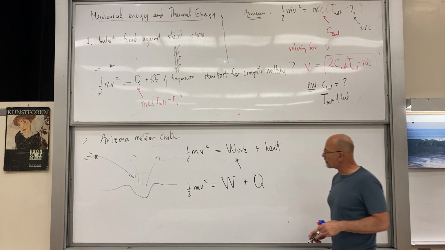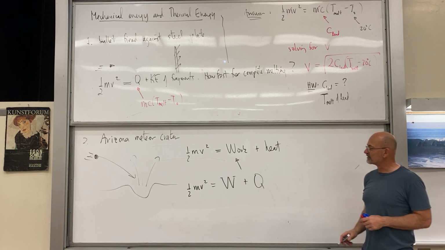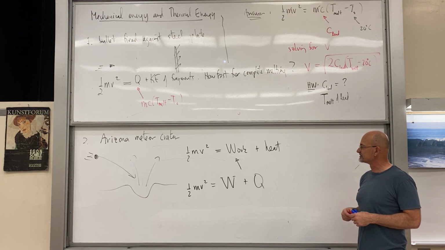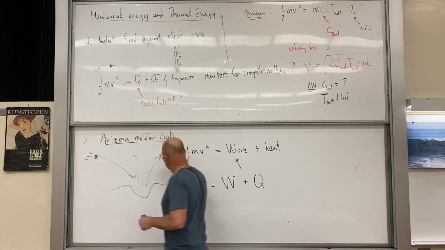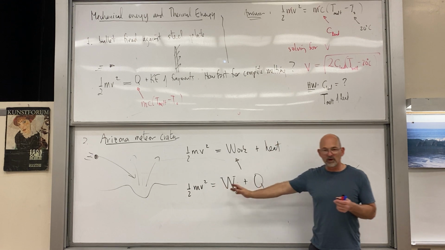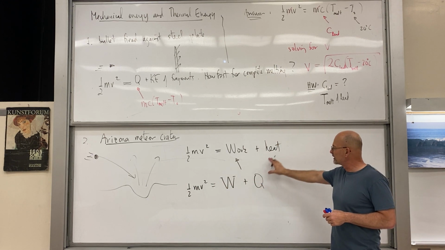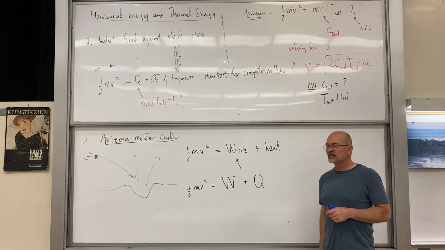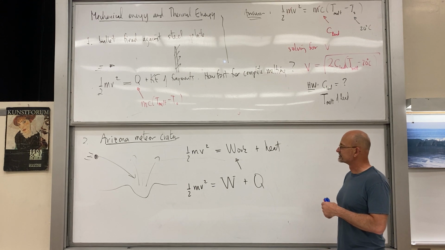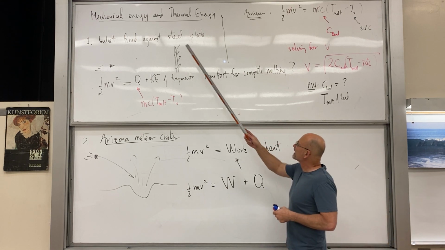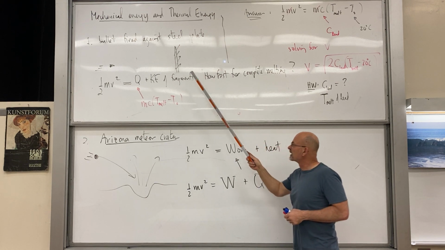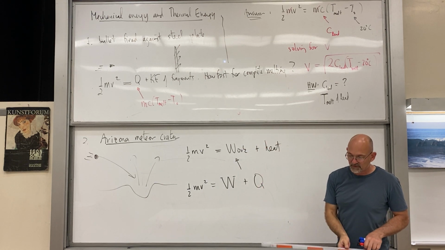We can't say much more about the ratio of it or anything like that. Work plus heat. The fact that it dug a big crater tells us, yeah, that work was done. The amount of heat that was produced, that's a more complicated problem. Okay, so that is the subject, mechanical energy and thermal energy, and returning to those collisions.